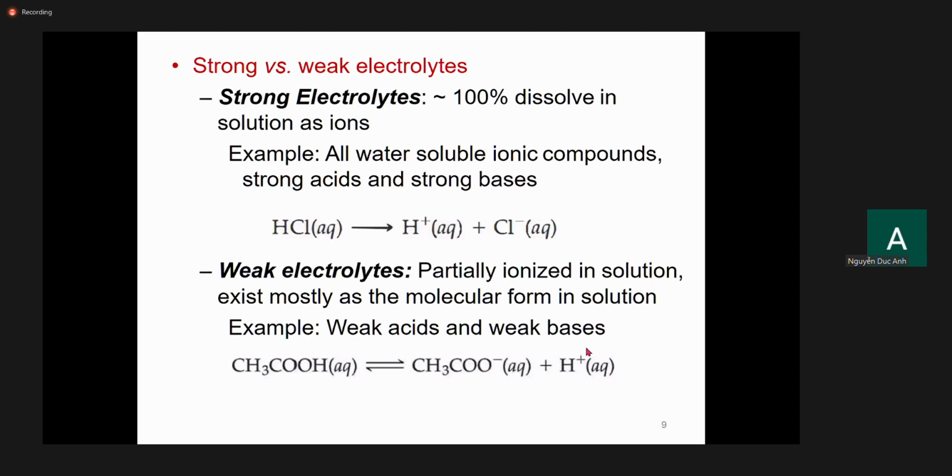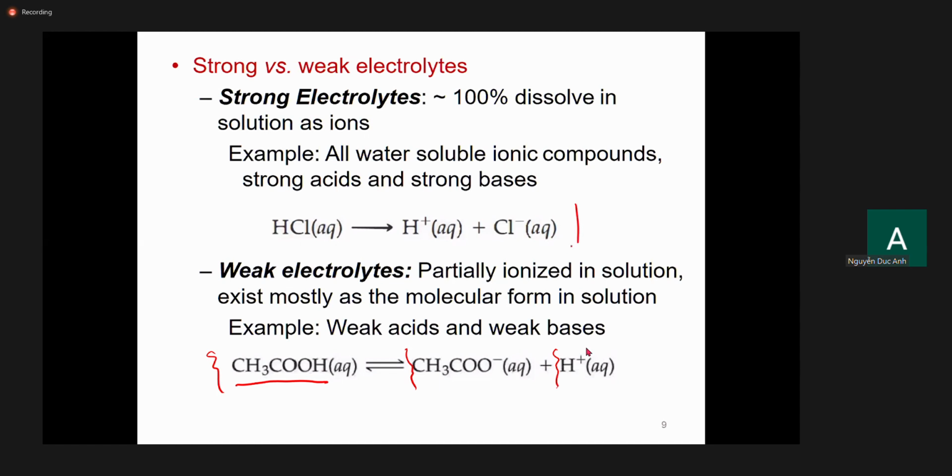So when you dissolve a weak electrolyte like acetic acid, you will still have some acetic acid, and you will also see some acetate ions and protons in the solution.